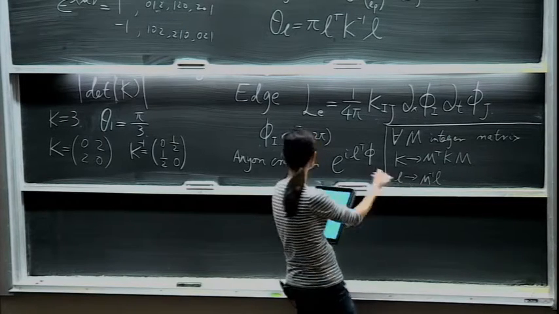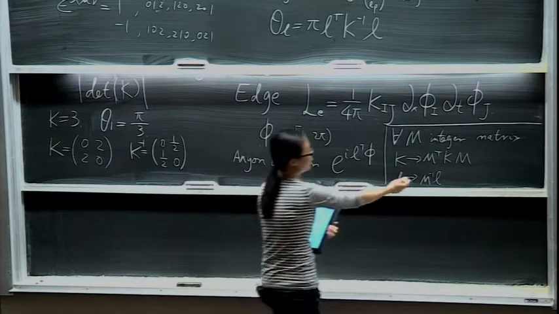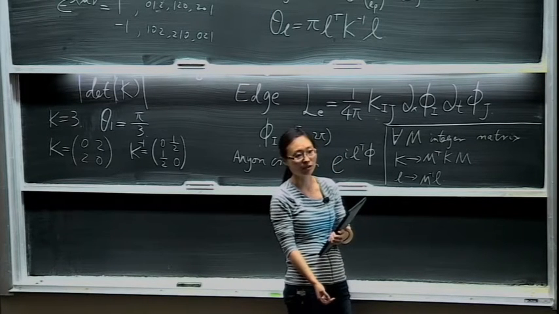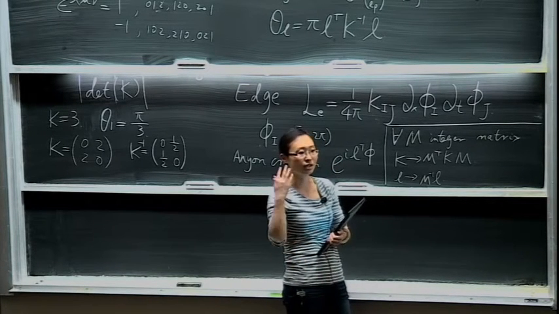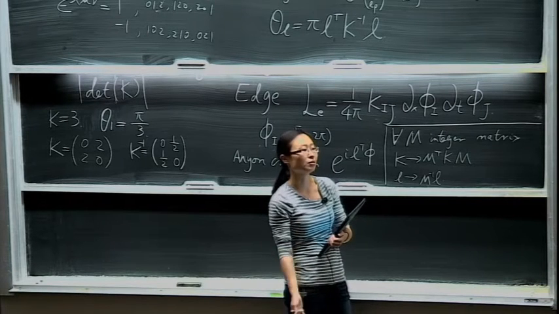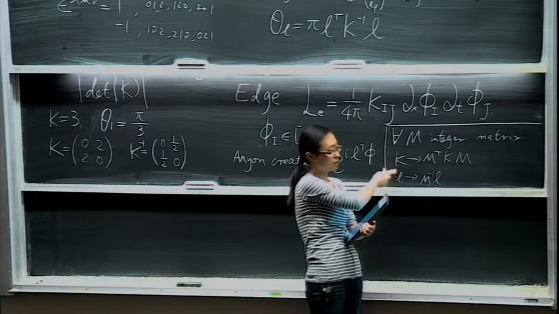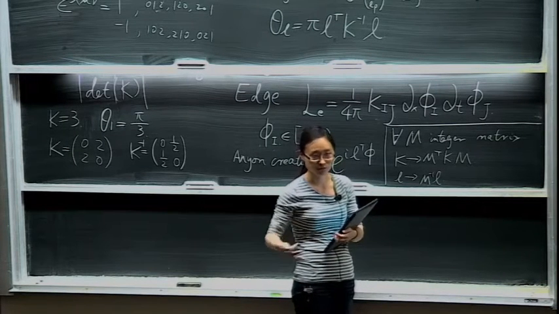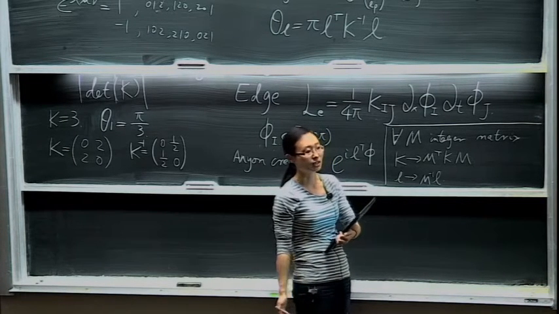Because if you calculate statistics, the M and M inverse just cancel out, and you get the same number. You get the same species of anyons, the same braiding statistics, it's the same topological order, even though the matrix and vector look slightly different. So this is a large group of redundancy in writing this K matrix.